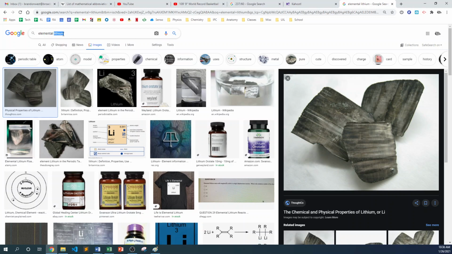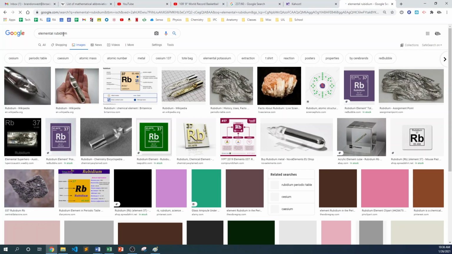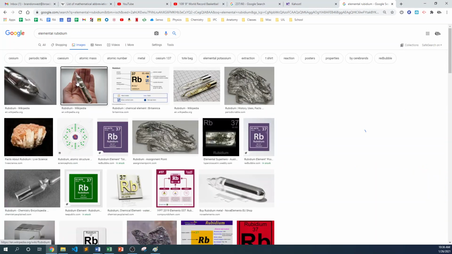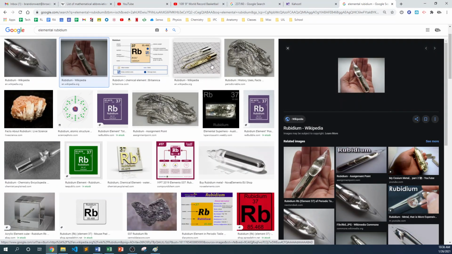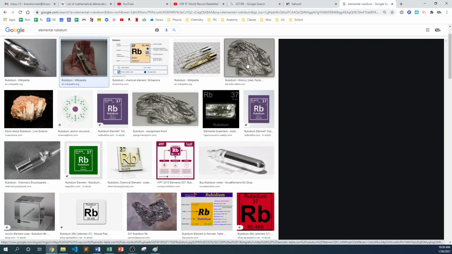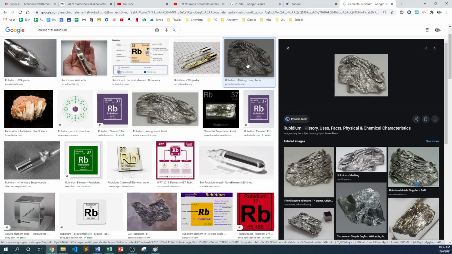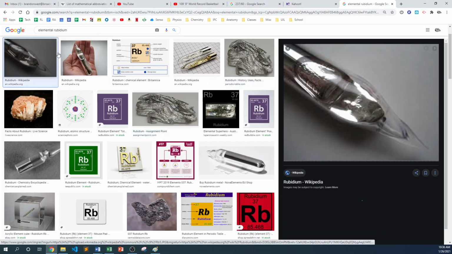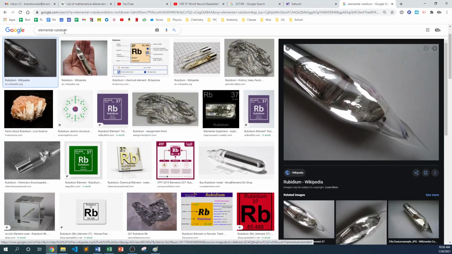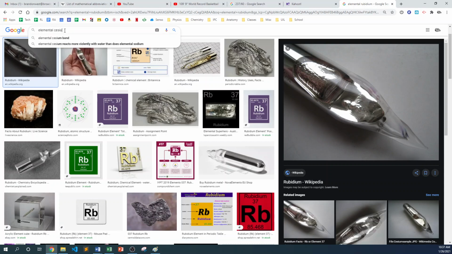Let's look up rubidium. It's a soft metal, low melting point. Melts very easily, so can sodium and potassium. Cesium.